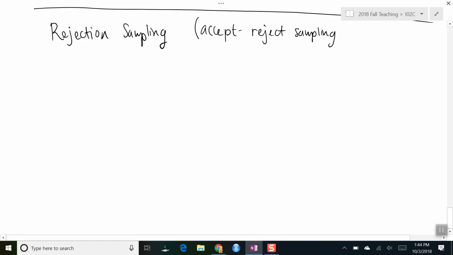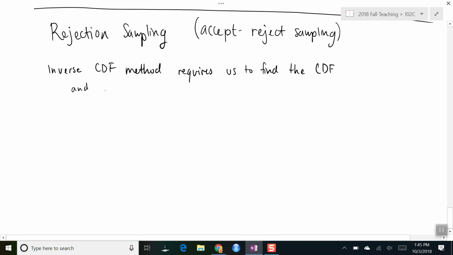Okay. Our next topic is going to be rejection sampling, also called accept-reject sampling. Okay, and this is so the inverse transform method is to figure out the CDF and its inverse. Sometimes that's a hard thing to do.